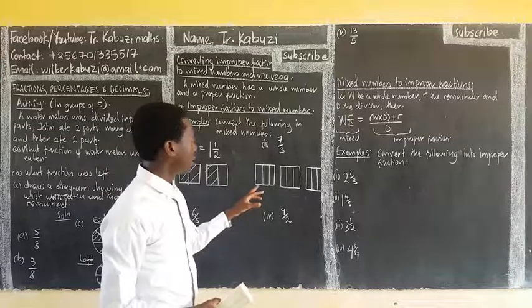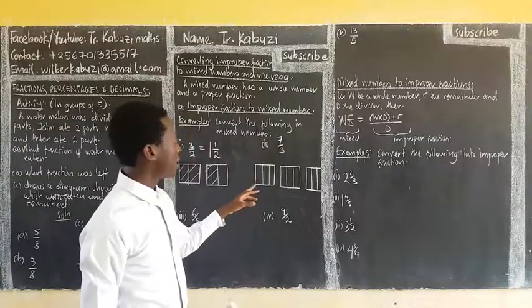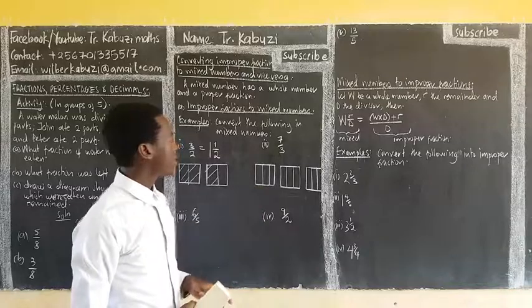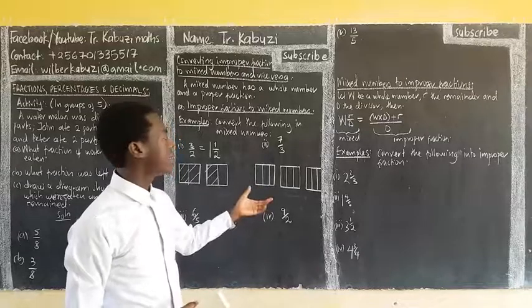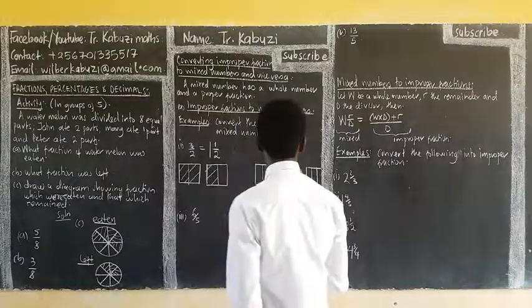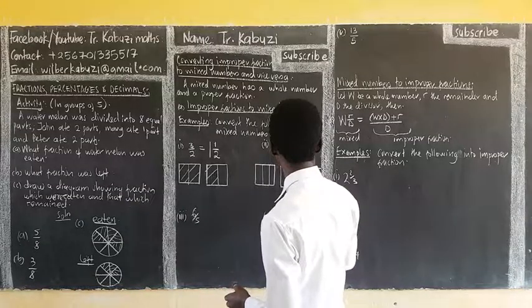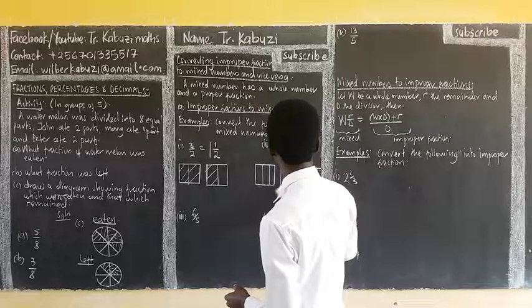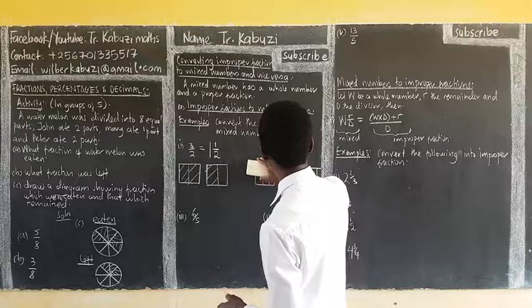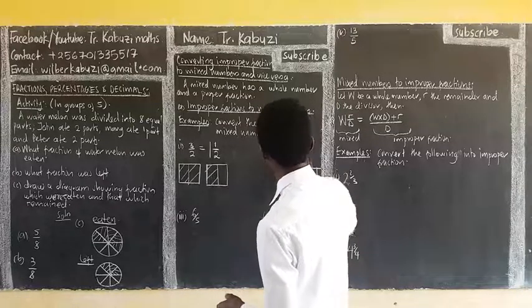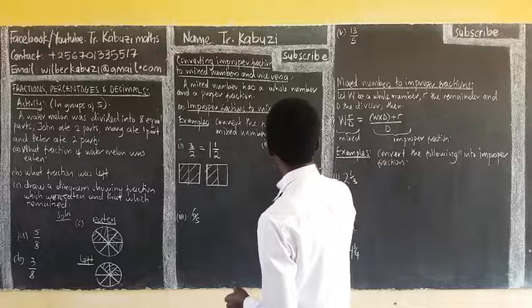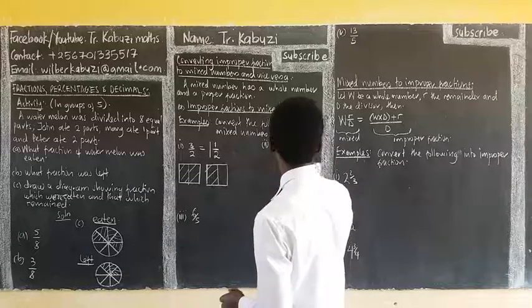So now here the idea is, first of all, they want us to shade, so you can handle this. The other way is to use the idea of dividing.